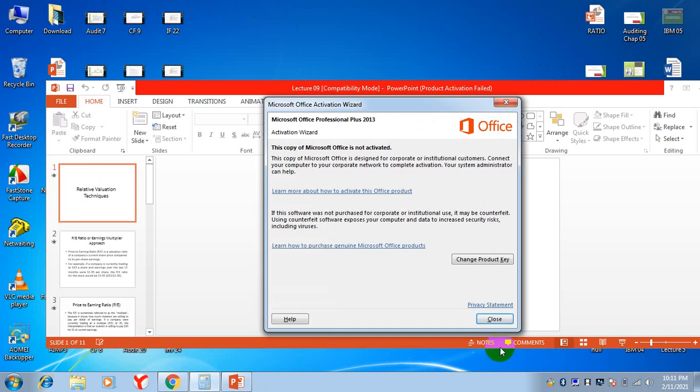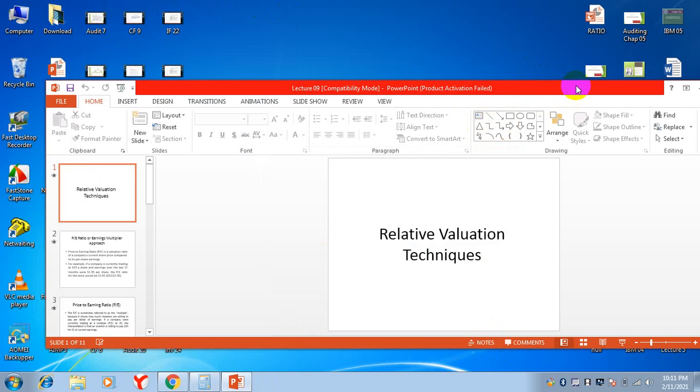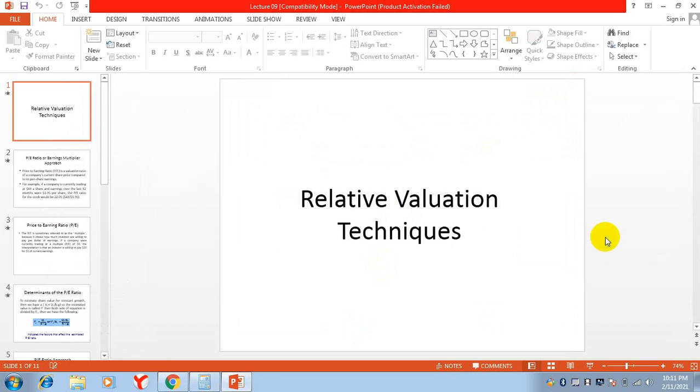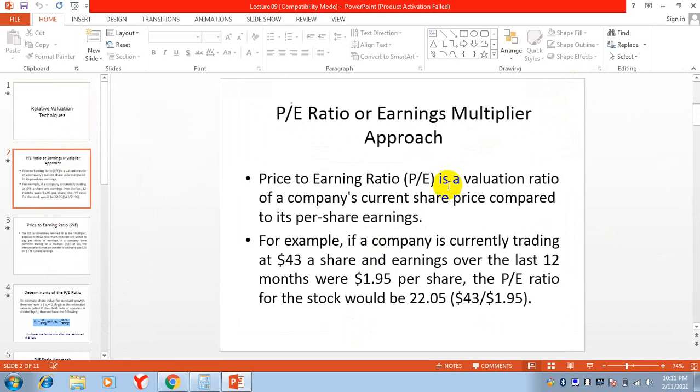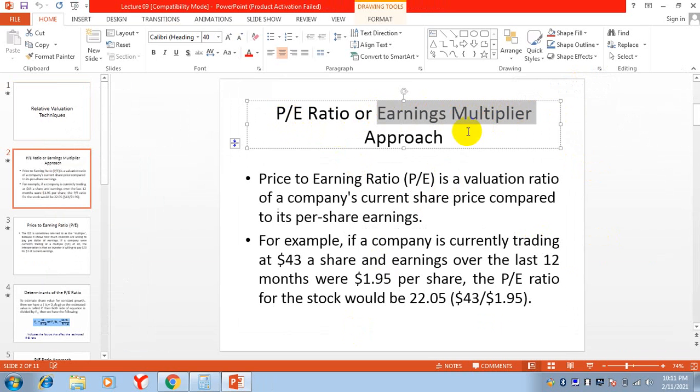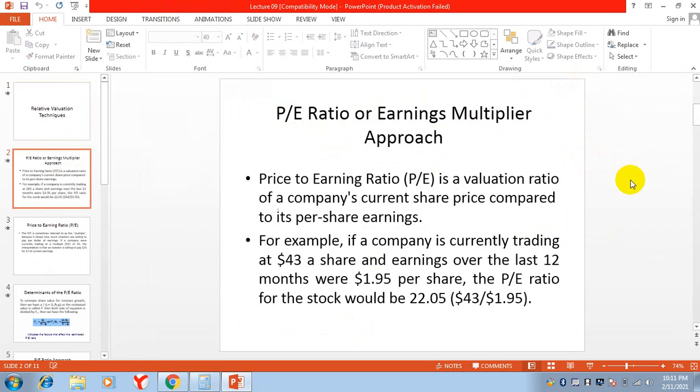So relative valuation techniques. In this, the first topic is price to earning ratio, or we also call it earning multiplier approach. Now, first of all, what is price to earning ratio?